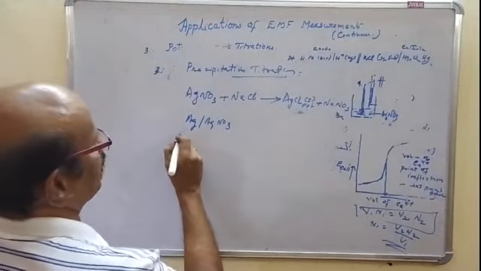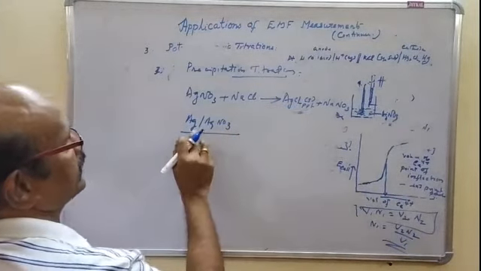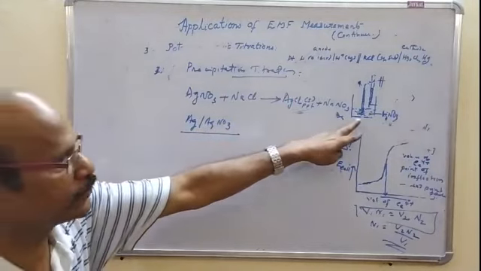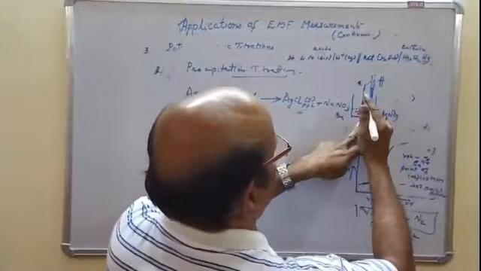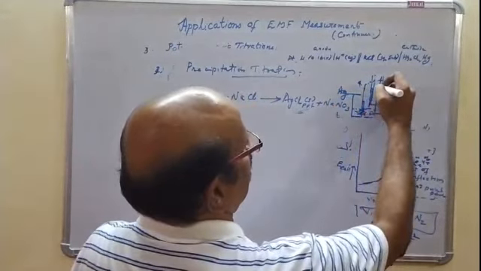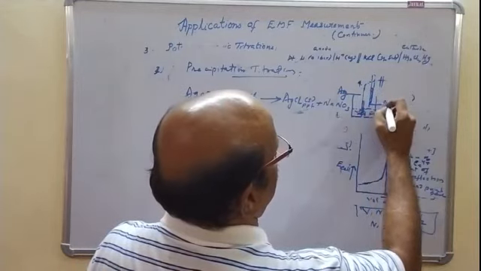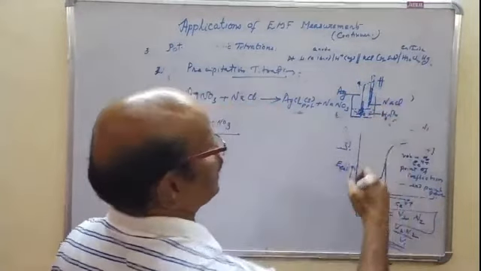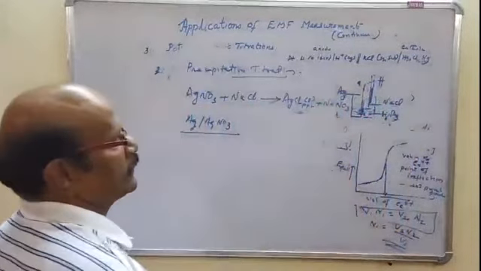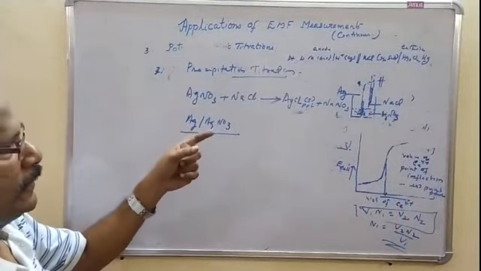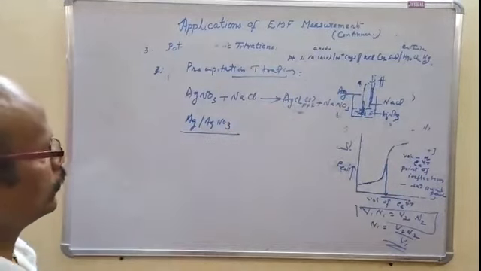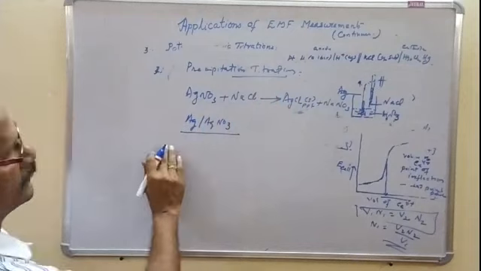So our indicator electrode in this titration is a silver electrode dipped in the silver nitrate solution, and NaCl, the titrant, is added into it. Then it is connected in an assembly with the saturated calomel electrode.